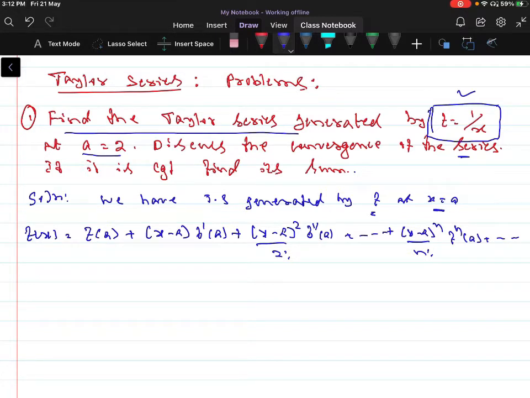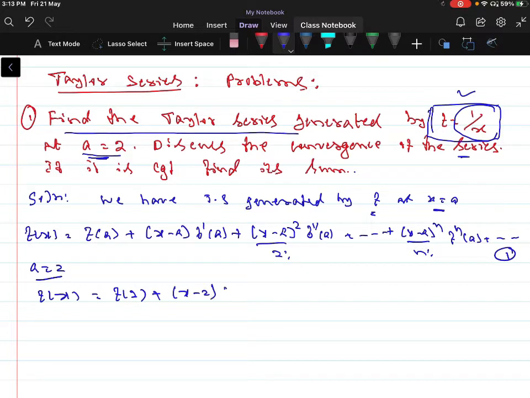So now we need to find the Taylor series generated by the function f(x) = 1/x at a = 2. For a = 2, f(x) can be written as f(2) + (x - 2) f'(2) + and so on + (x - 2)^n/n! times the nth derivative of f at a = 2, and so on.